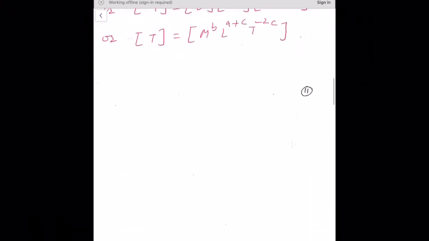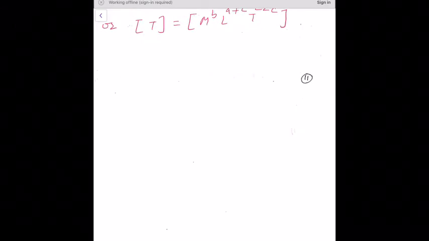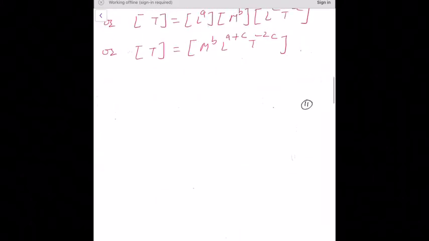Since the dimensions on both sides must be identical, equating the powers of similar quantities, or applying the principle of homogeneity of dimensions, we get a plus c is equal to 0.